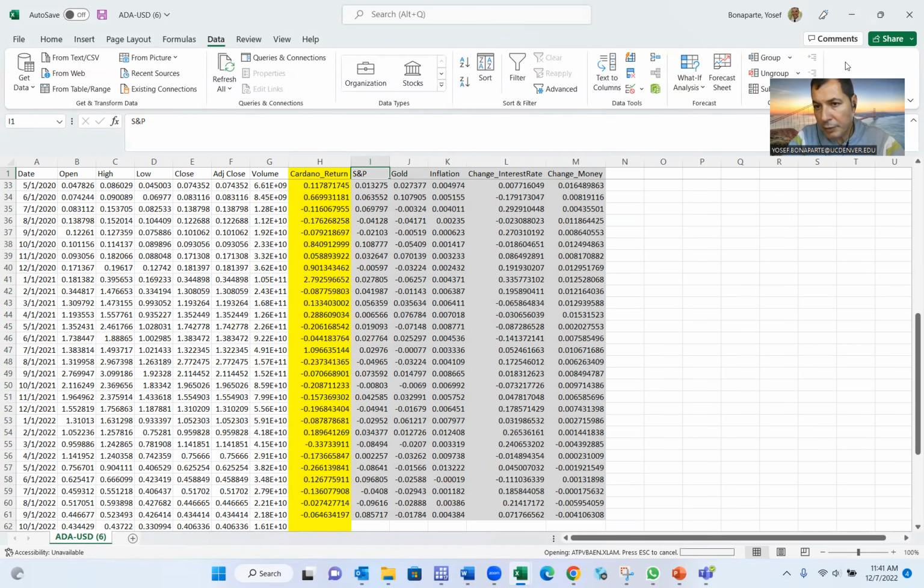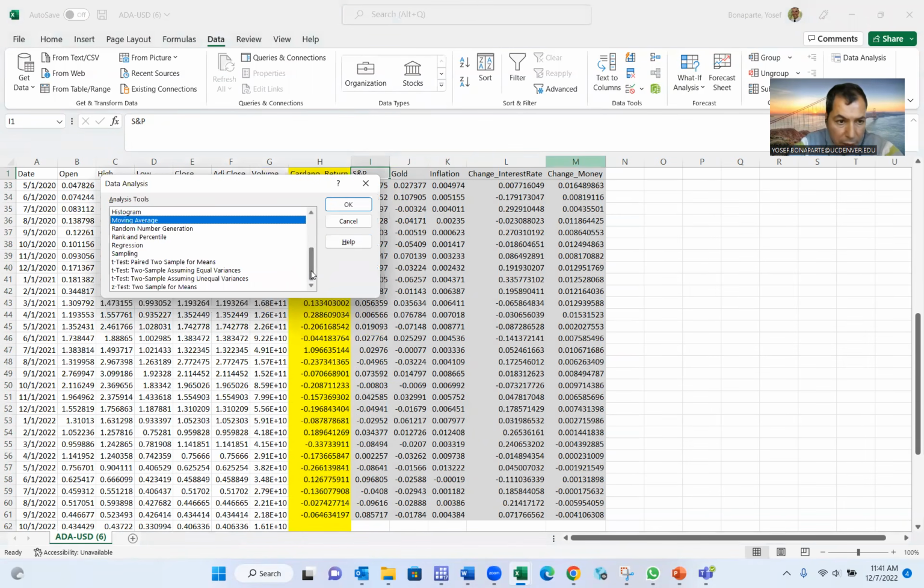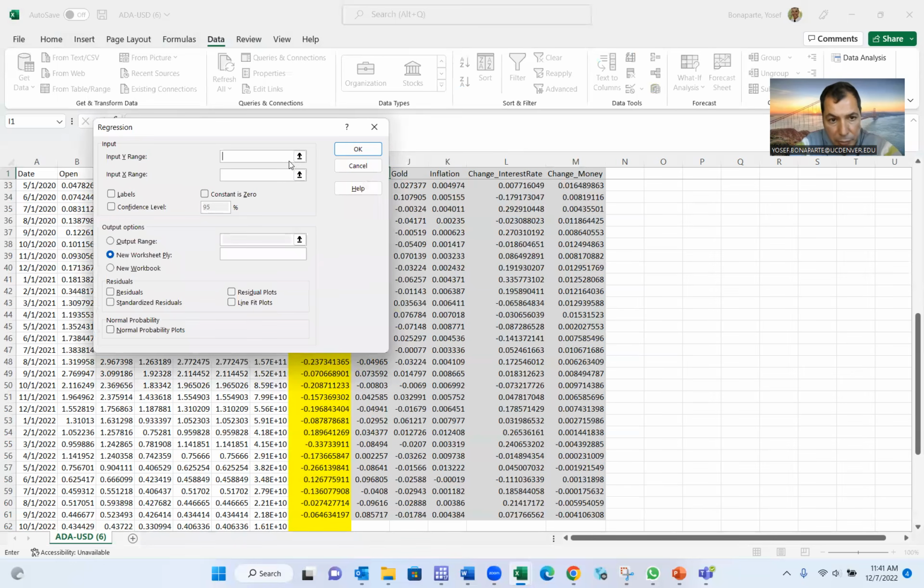Okay, and then you're going to have Data Analysis here. Click on it. I don't know how it works for Apple computers, so just go to Google and search how to do it on an Apple computer.